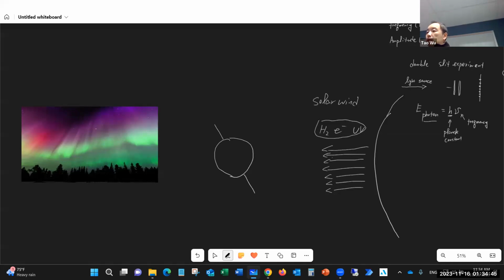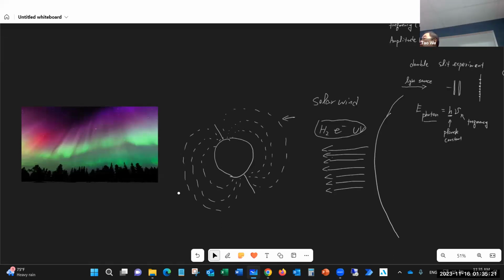Do you know what this is? Earth has a very good magnetic field. When those charged particles shoot at the magnetic field, they change direction, their flying direction.